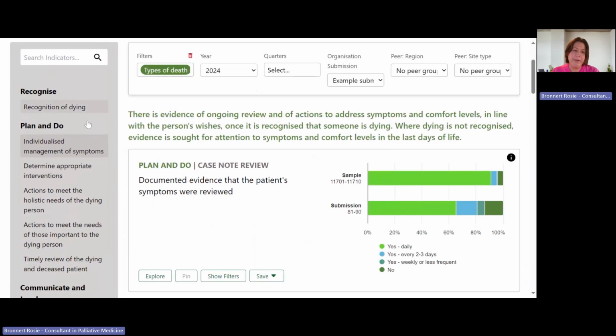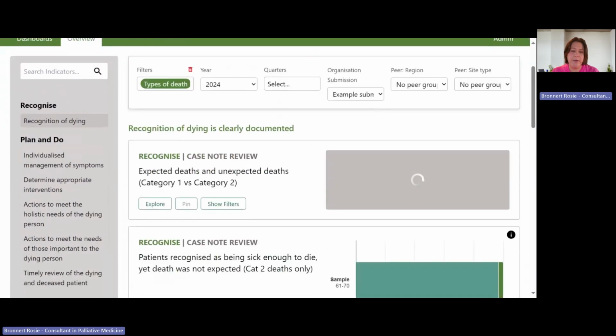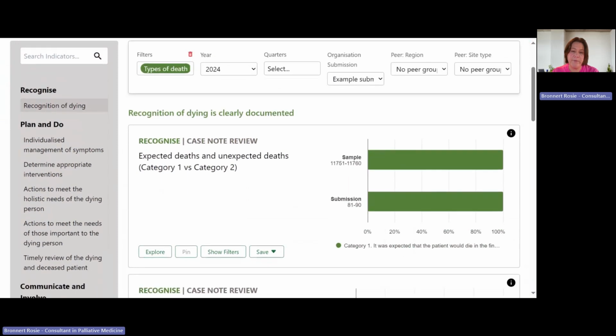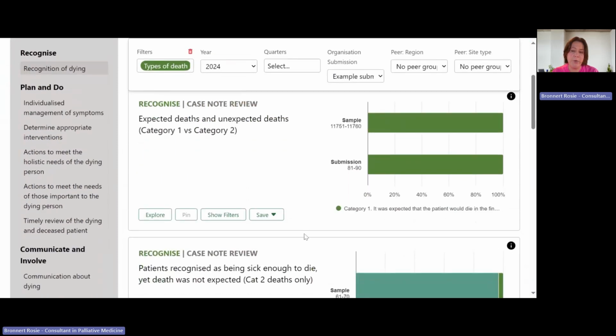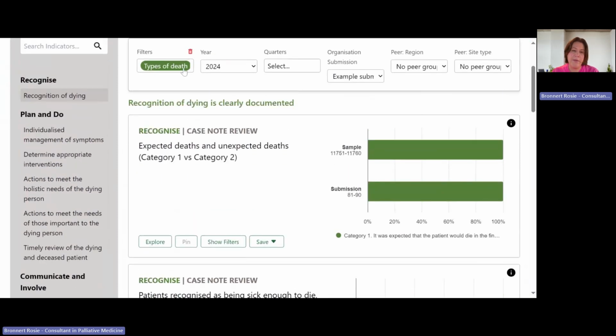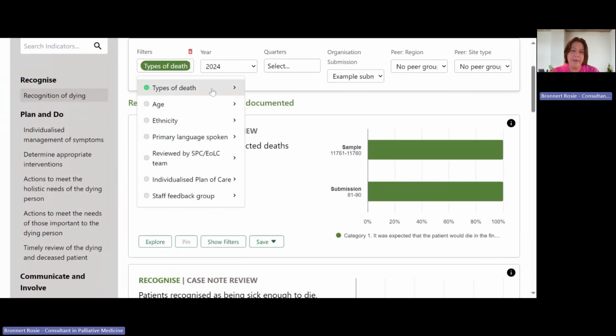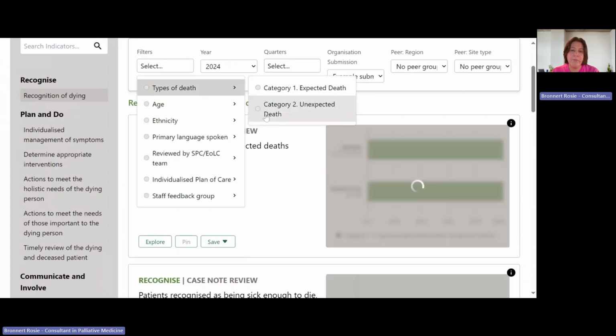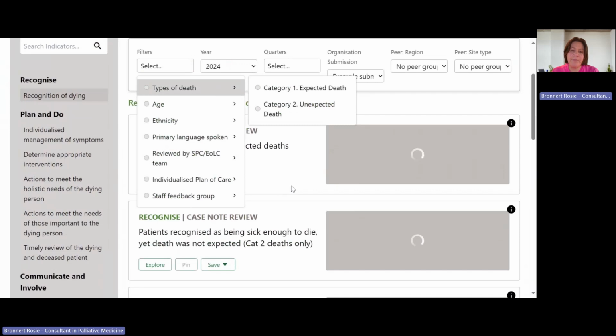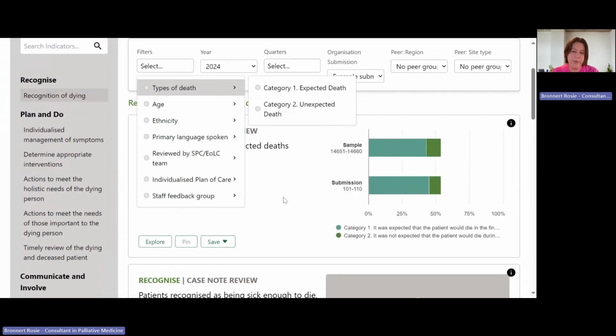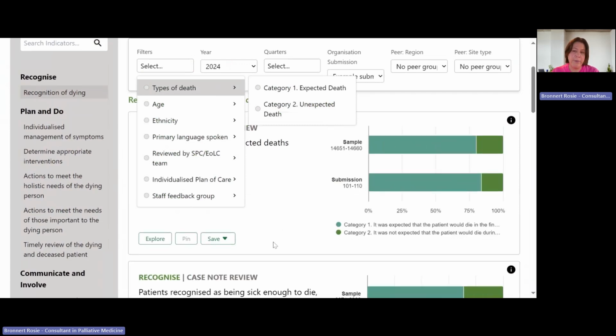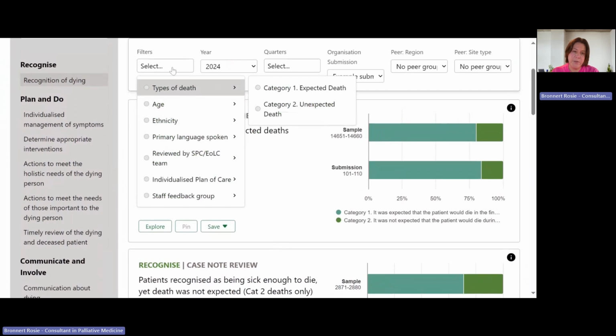So just going back to the recognition of dying sections, you can see that some of them take a little bit of time to load, and we know that that will hopefully be fixed in the next few months as the work to improve this tool is completed. It's important that you remember to take off your filter so that you're back looking at all of your data, not just your category 1 and 2 data.